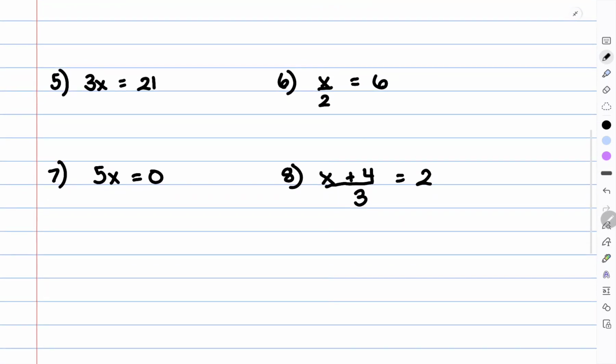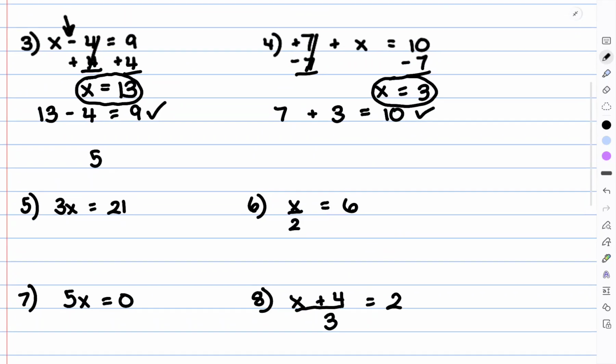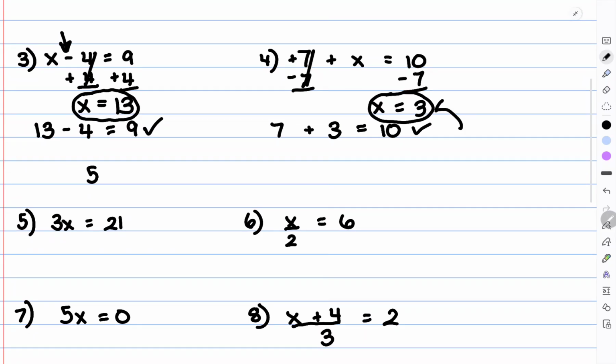So number 5 is different. Whenever you have a number like 5 and you have a variable in front of it, a variable is always going to be like x or y, any letter that stands for a number that we do not know. Our whole goal for an equation is to find what the variable means. Like if you see here, we found out what x equals, and that's how we found our answer.